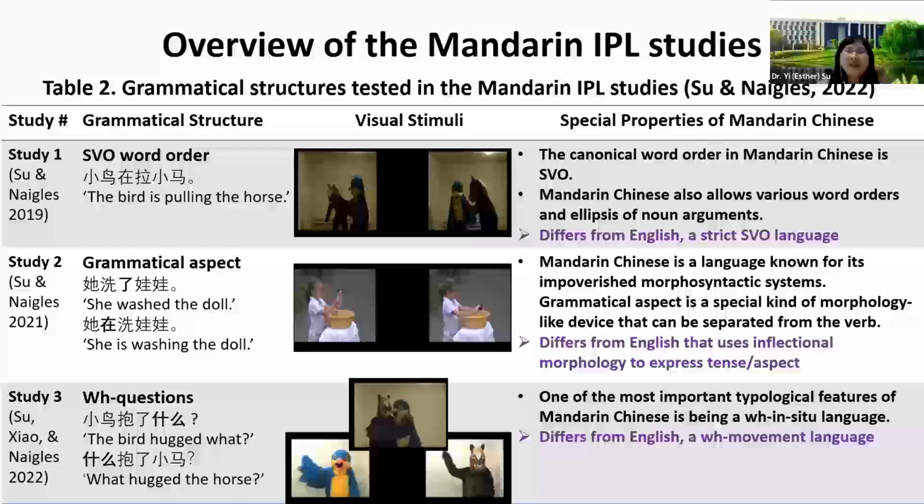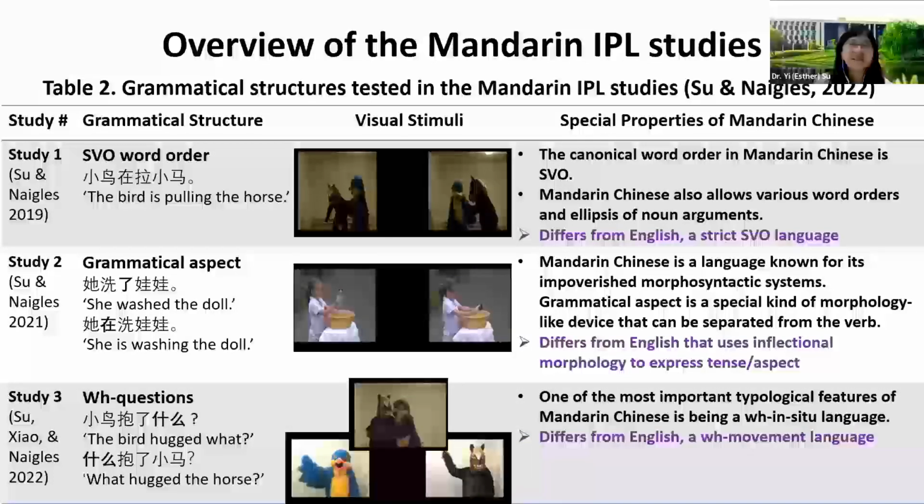But in Mandarin Chinese, grammatical aspect is a special kind of morphology-like device that can be separate from the verb, and it differs from English, which uses inflectional morphemes to express tense and aspect. And in many English sentences, the usage of inflectional morphemes is not optional. They have to use these morphemes to express tense or aspect.